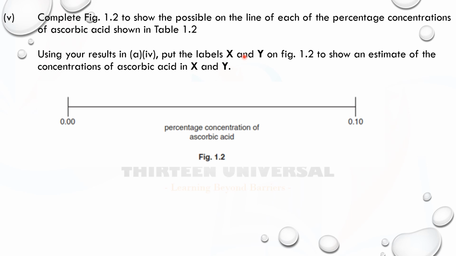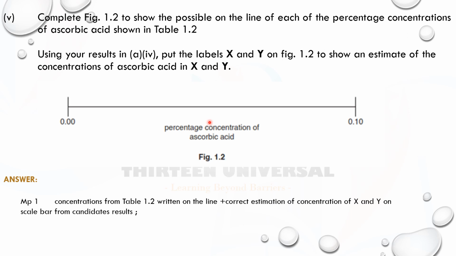If the volume is close to that of 0.1, you come here and take 0.1. If it is close to maybe 0.06, you come and take it for each of them. So based on the results, that determines the percentage you estimated, and then you mark it off here.